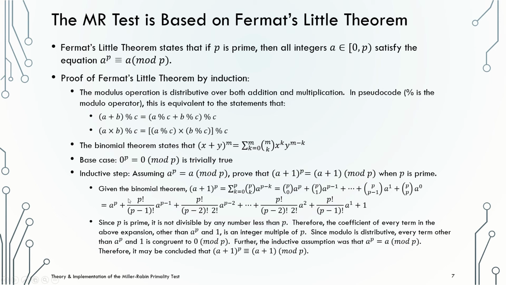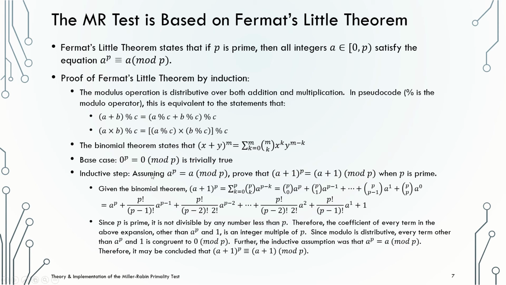Since we know that p is prime, then nothing in the denominator here divides p, and therefore every single one of these terms in the middle is divisible by p. Because we can distribute the modulo operation over addition, every single one of these terms in the middle becomes 0. So this is 0, this is 0, this is 0, and this simply becomes a to the p plus 1 mod p.